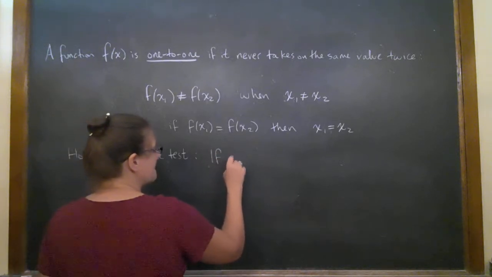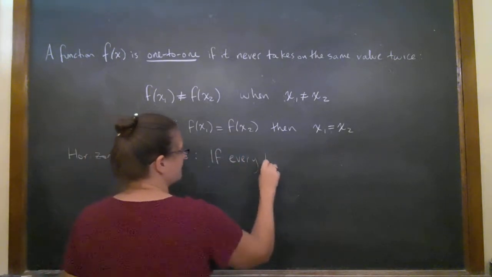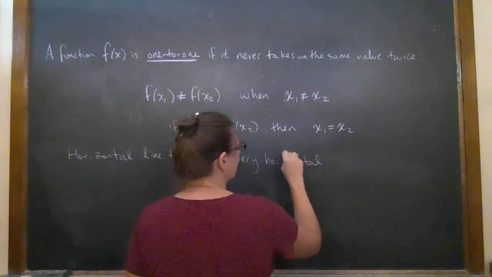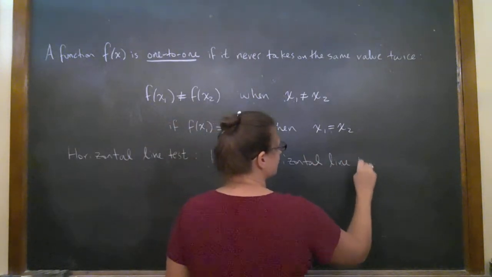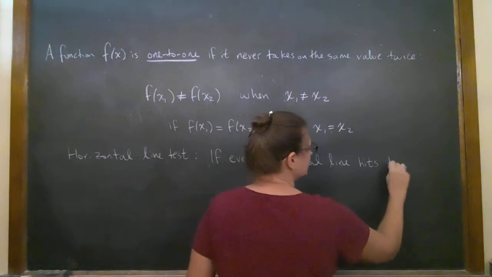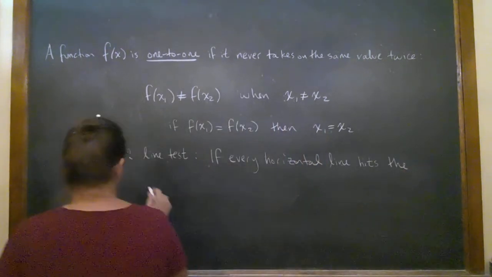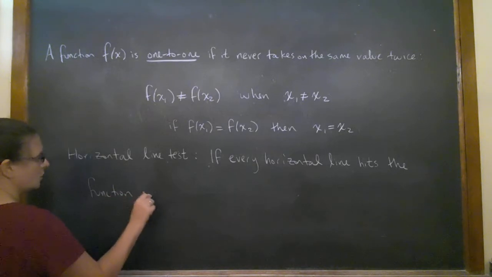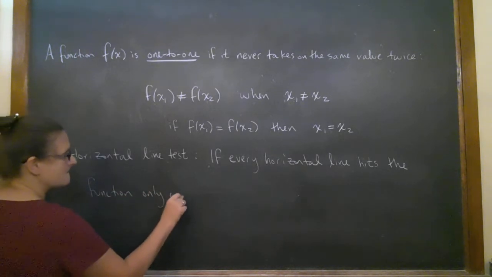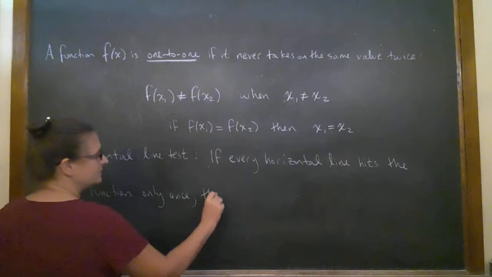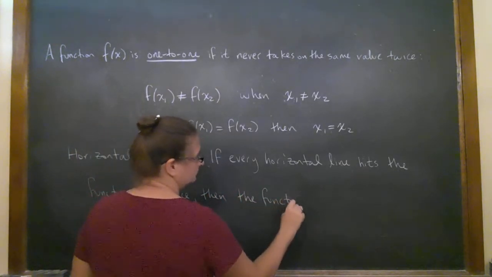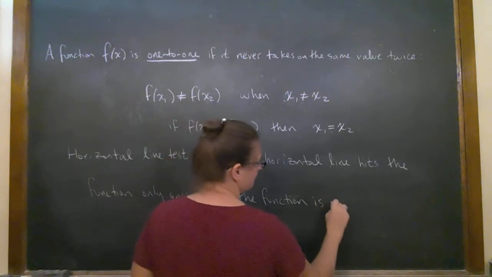If every horizontal line hits the function only once, then the function is one-to-one.